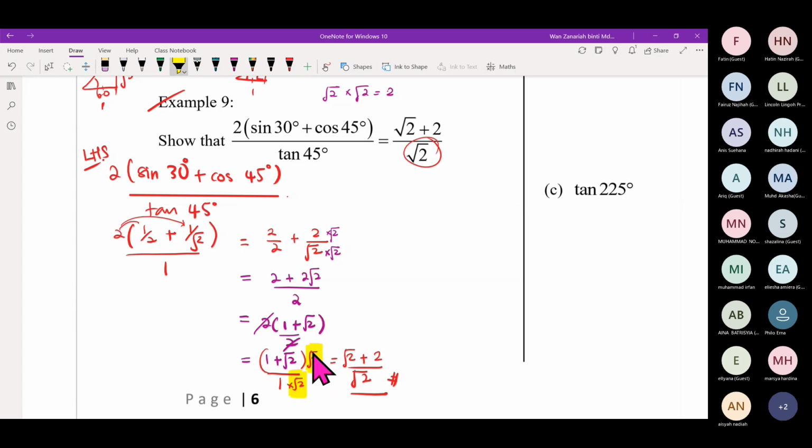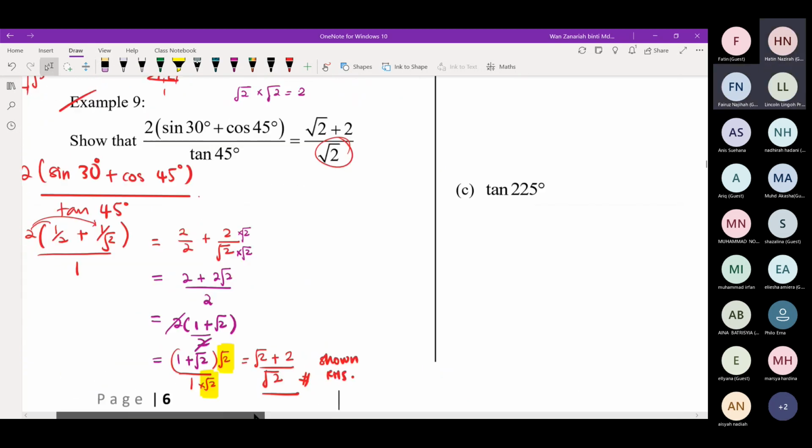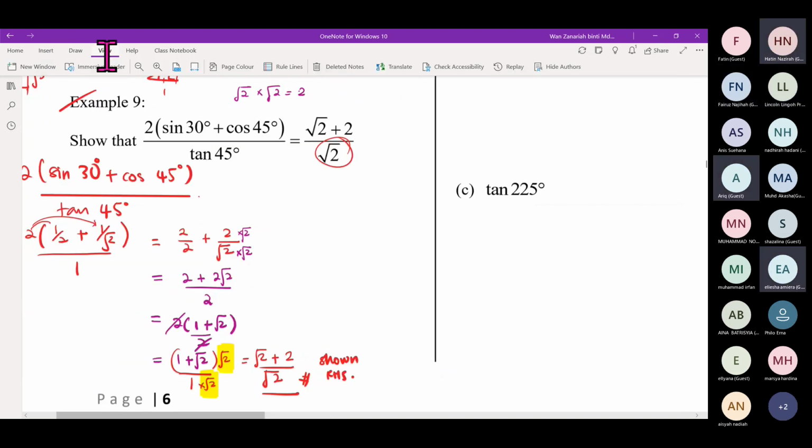Barulah sebenarnya I am multiplying with 1. I tak mengubah soalan. Tetapi hanya modify so that I will get the same as shown on the right hand side. Okay, clear students? Is it clear? Yes, madam. Okay, good.